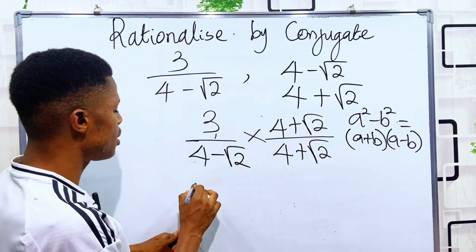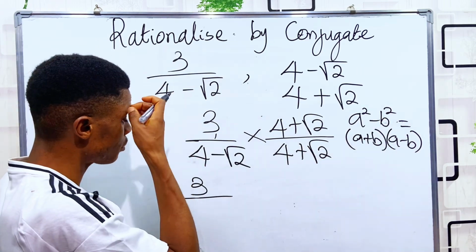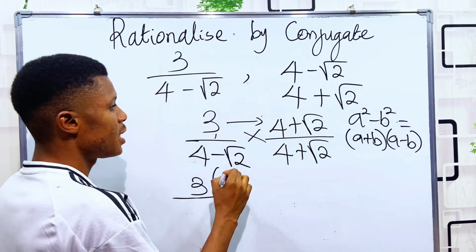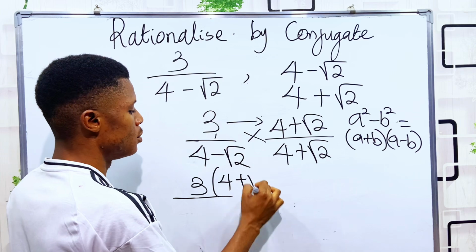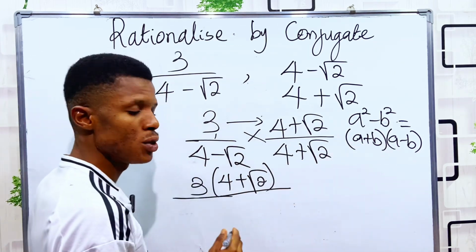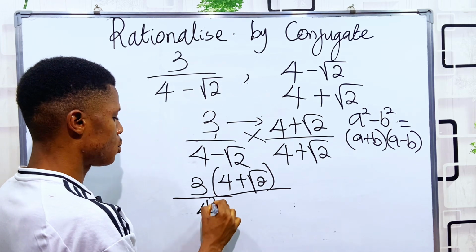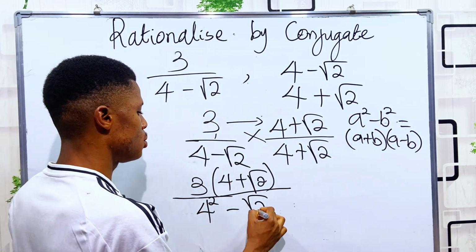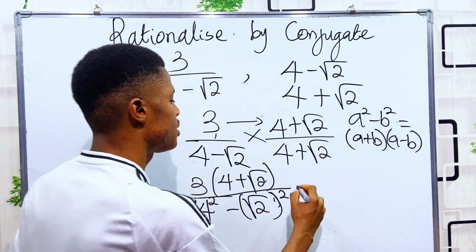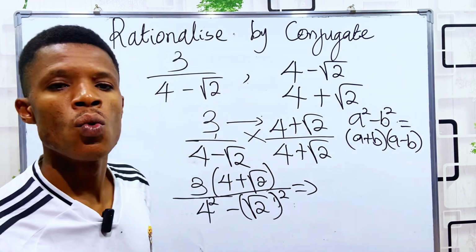So here you can see we have 3 over 3 into, we'll now multiply the two numerators, 3 into 4 plus root 2, divided by, we now apply the difference between two squares, which is 4 squared minus root 2 squared. So at this stage, what are we getting? We open the bracket.